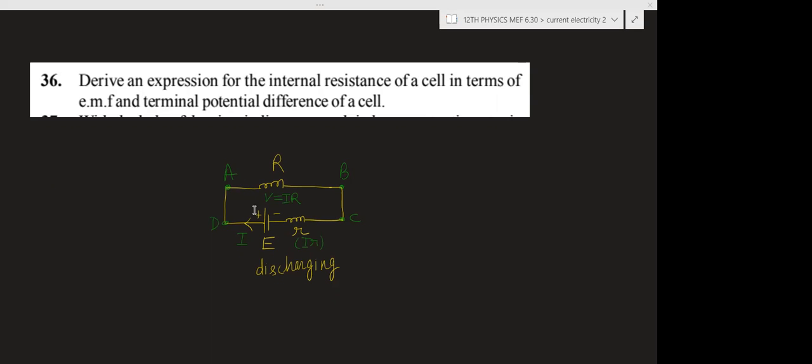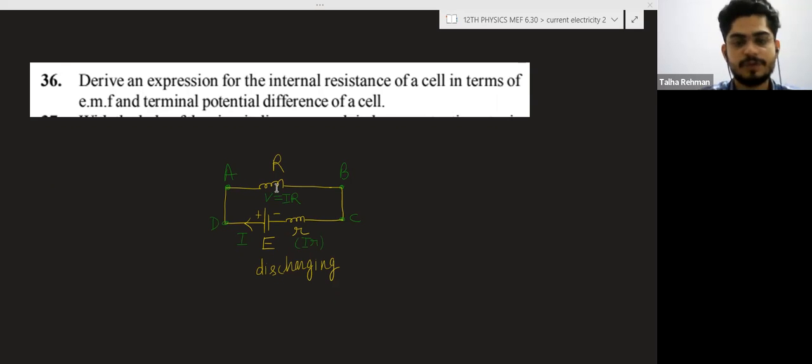Okay, fine. If you go in the direction of current, means you are moving like this in a mesh, from A the current goes like this, so you will move like this.